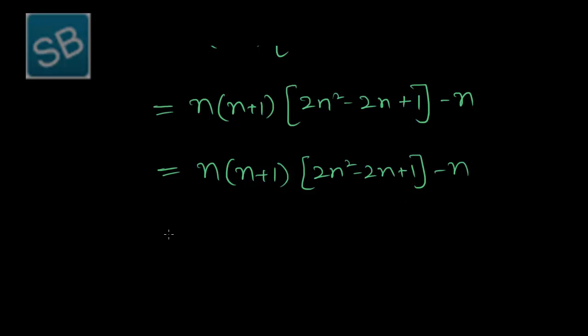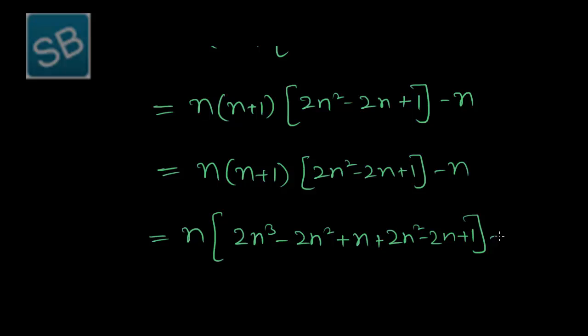Now multiply n plus 1 into the bracket, we get 2n cube minus 2n square plus n plus 2n square minus 2n plus 1 minus n.